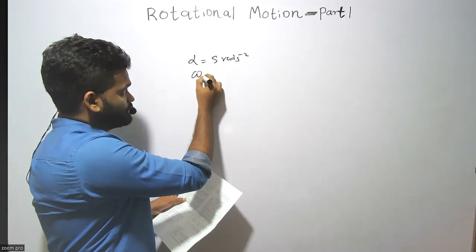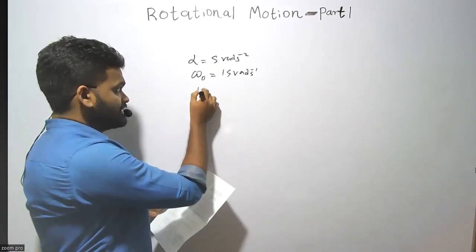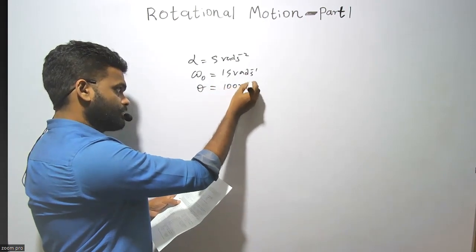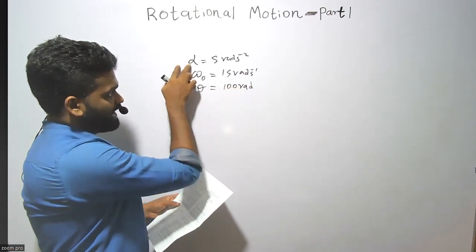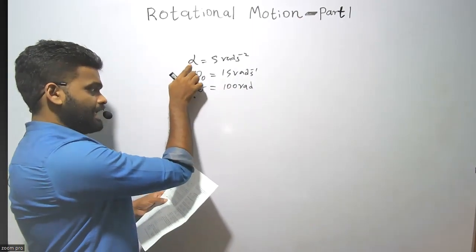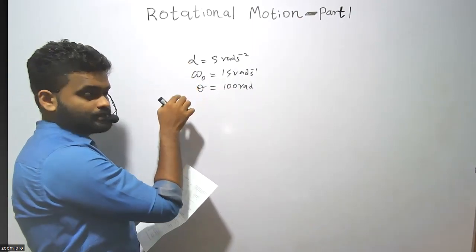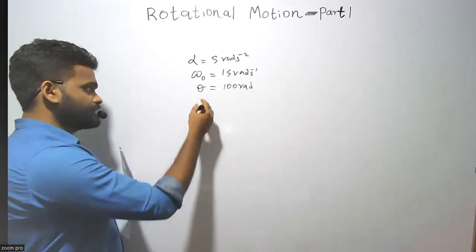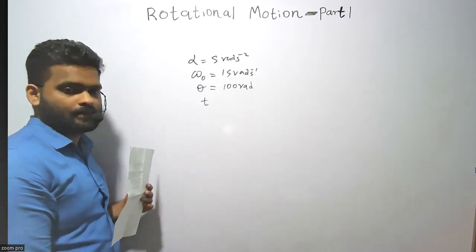Initial velocity also is given. And then the angular displacement is given as 100 radians. So this is like S, a and u, right? So when you check these details, what they ask is time.